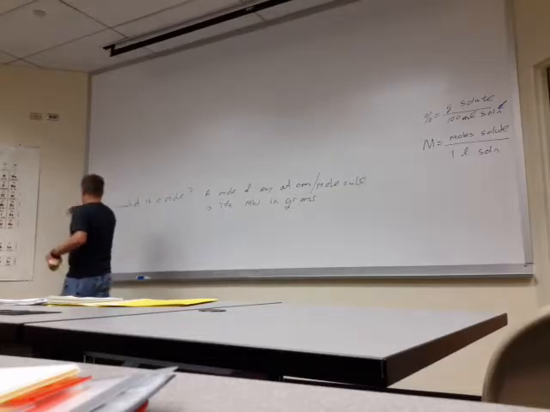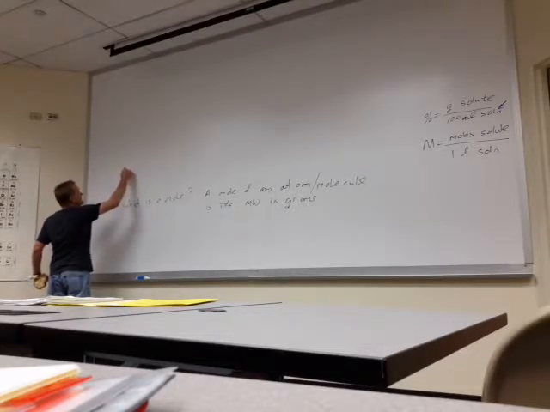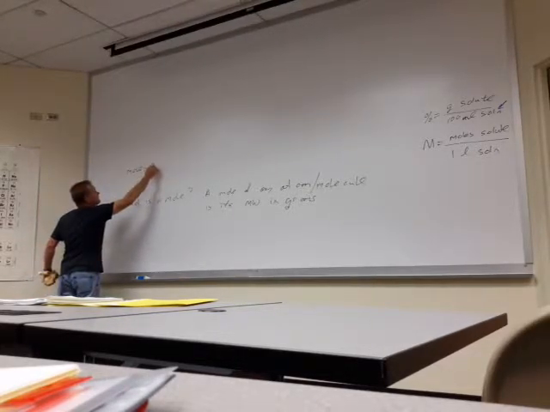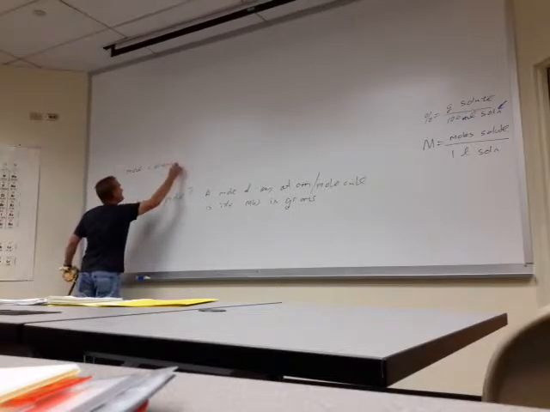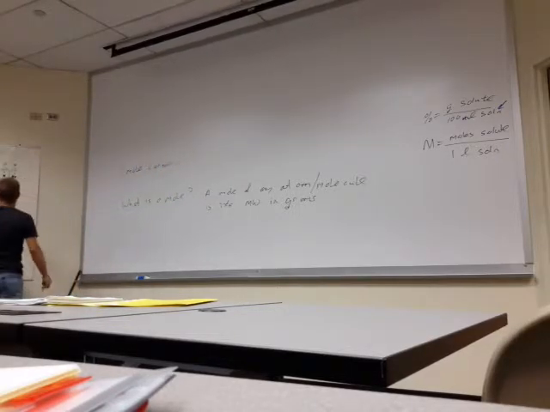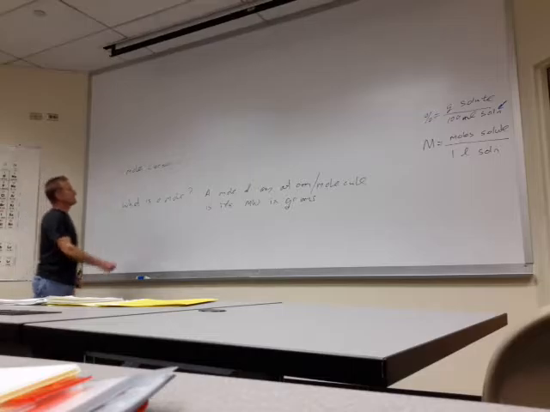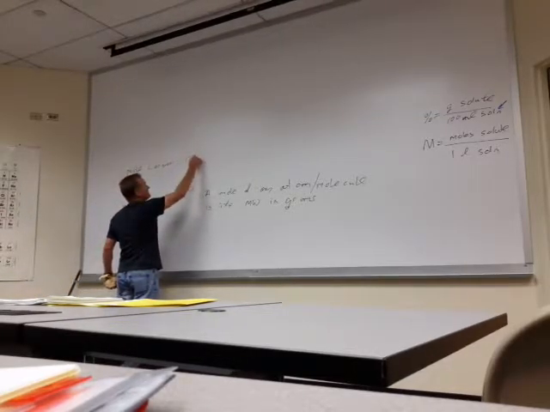So if we go to the periodic table, one mole of carbon equals 12.011 grams.